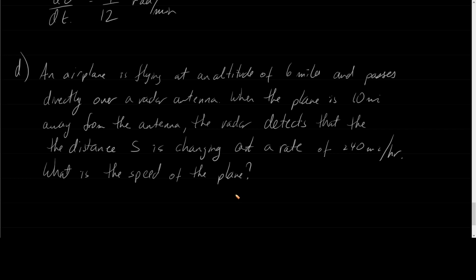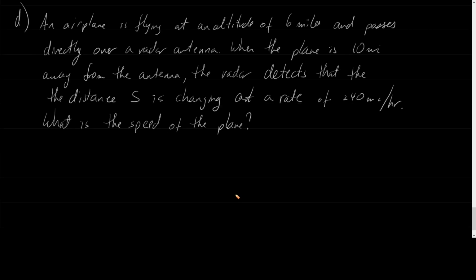All right. So an airplane is flying at an altitude of 6 miles. Let's start getting the visual with that. And it passes directly over a radar antenna. So let's say here that on the ground I've got this cool antenna, right? That's my awesomely drawn radio antenna.